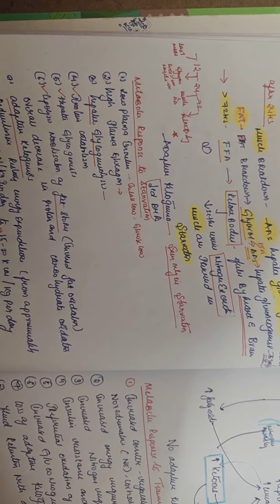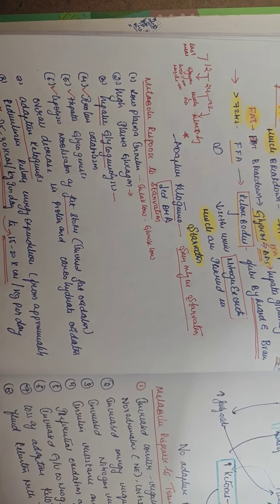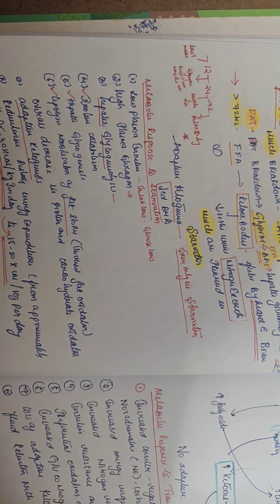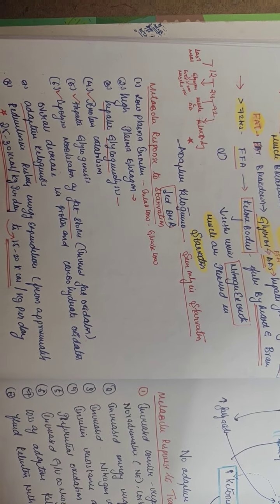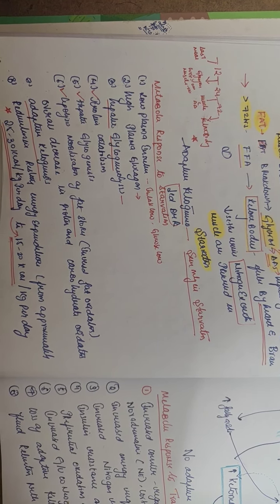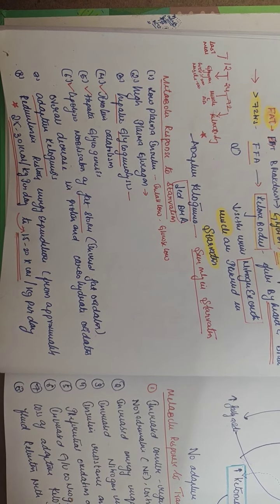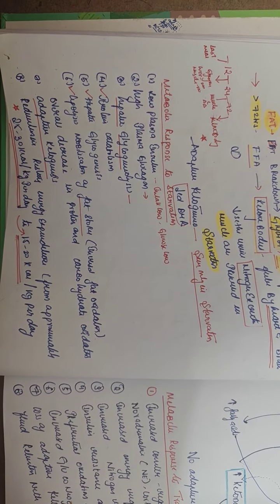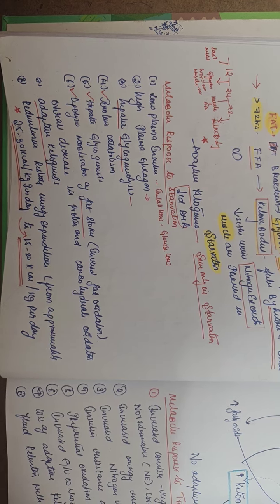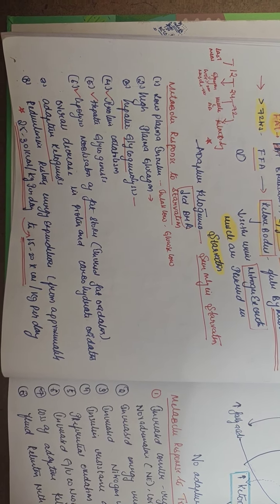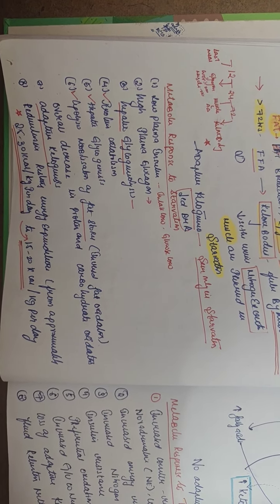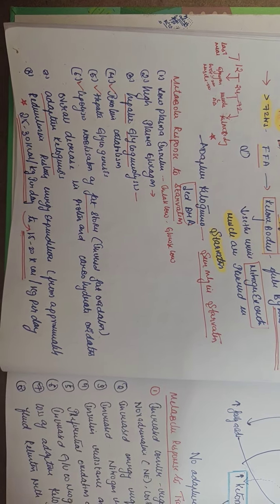So what are the metabolic responses to starvation? Low plasma insulin, high plasma glucagon, hepatic gluconeogenesis, protein catabolism, lipolysis, metabolism of fat stores, increased fat oxidation, and overall decrease in protein and carbohydrate oxidation, and this is adaptive ketogenesis.